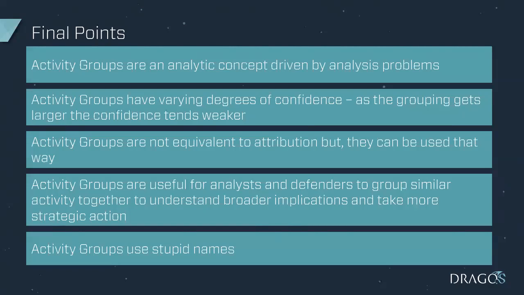A really important thing to say is, if I take this one defensive action, if I make this one policy change, I can actually affect 12 different activity groups and how they operate. That's really powerful because now you can significantly increase the ROI of your defensive operations. And then the last thing is, of course, activity groups use stupid names. They always will, and that's just the way of it.